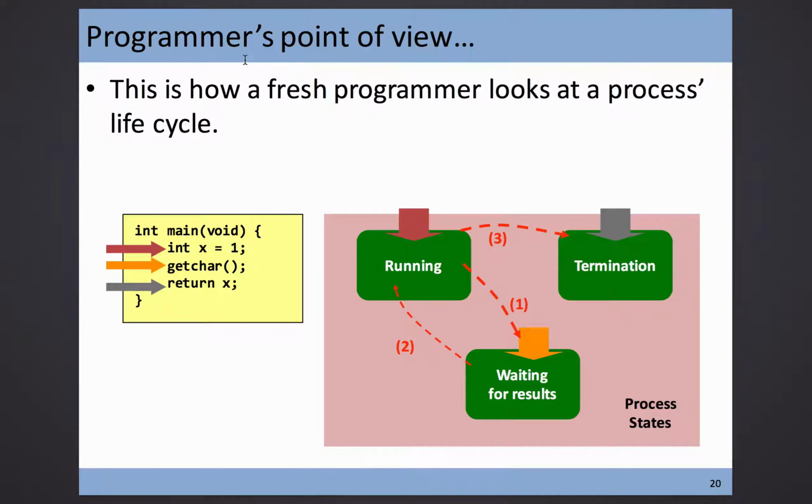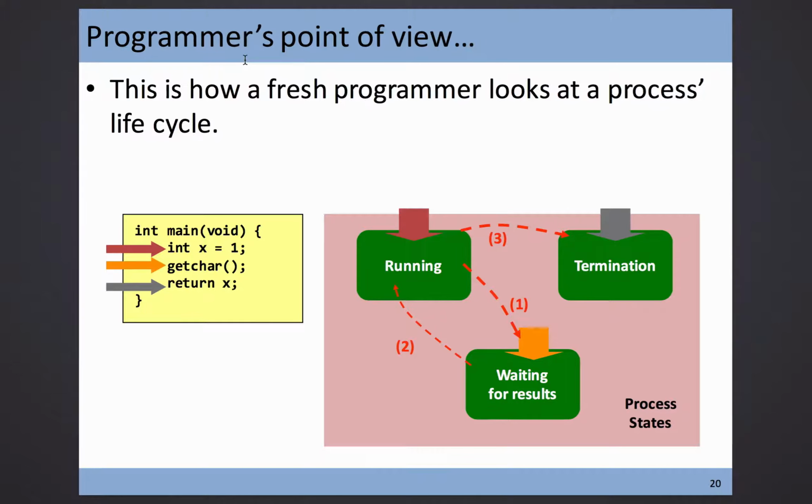You put it on a CPU, it runs, right? And I call getchar, waiting for results. It's some stage that we call not on CPU. And after the results come back, it goes back to the running state. And then eventually, because of return 0 or you call exit, segmentation faults, whatever you want to think of, it eventually goes to termination. So in your mind, it's something like this.